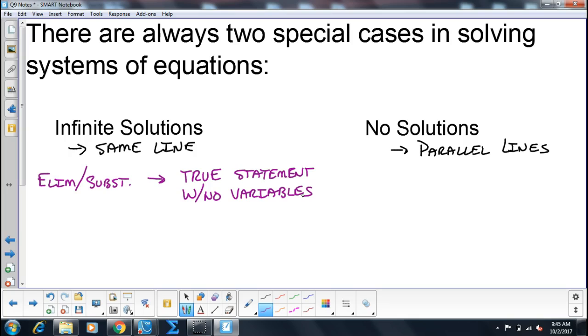So you get something like 0 equals 0, or 17 equals 17.